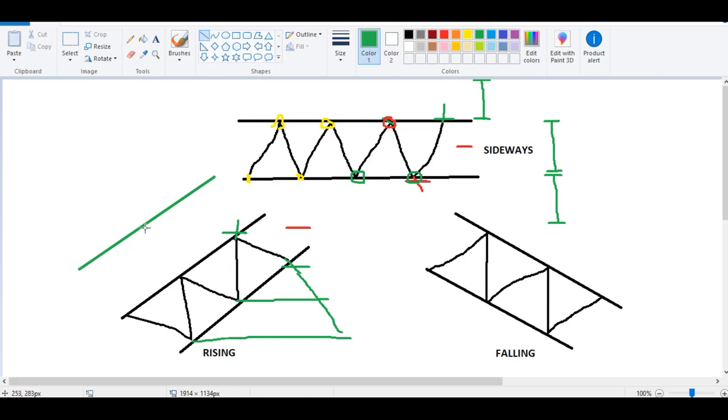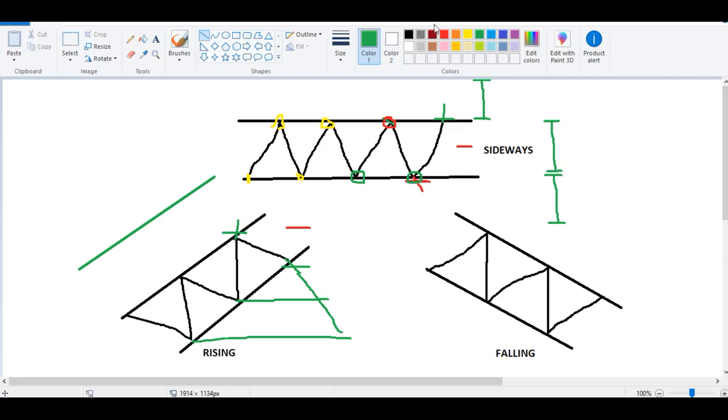So we draw a parallel line equidistant to the width of this rising channel, as you can see here. So that will be my final target for this breakout. So this is how we trade the breakouts.